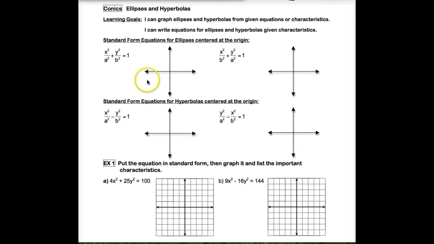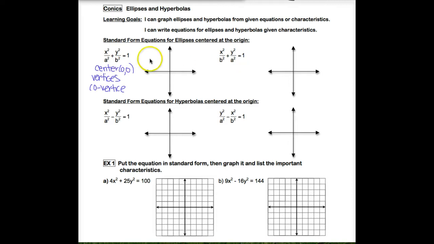So when we are looking at the ellipse, you should know what the shape looks like. But the characteristics that we are going to be looking for are obviously the center, which here is the origin, so 0, 0. Then we are going to be looking at what are called vertices and covertices. Whichever has the bigger denominator is going to be our a.